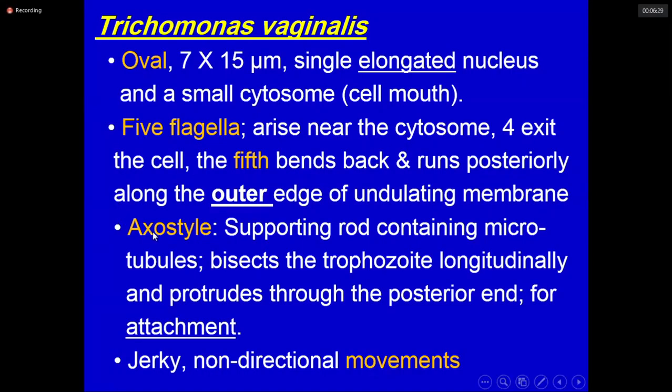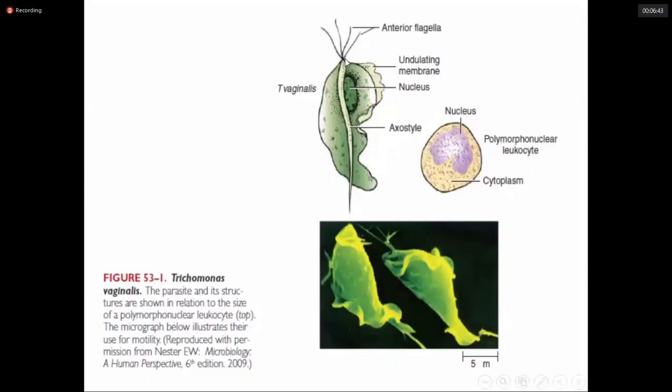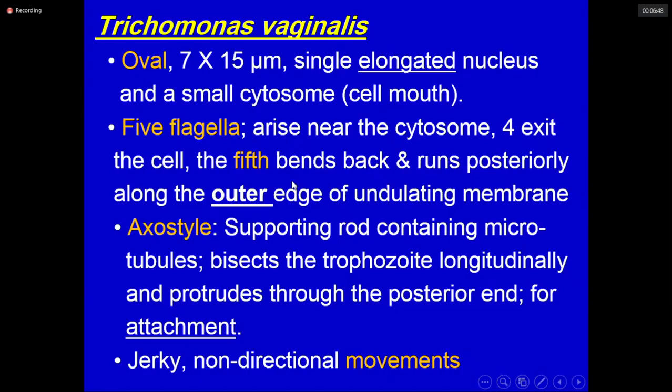There is another structure called the axostyle. It's a supporting rod containing microtubules. As you know, microtubules give structure to the organism. This is the axostyle, running longitudinally. It bisects the trophozoite longitudinally and protrudes through the posterior end for attachment.